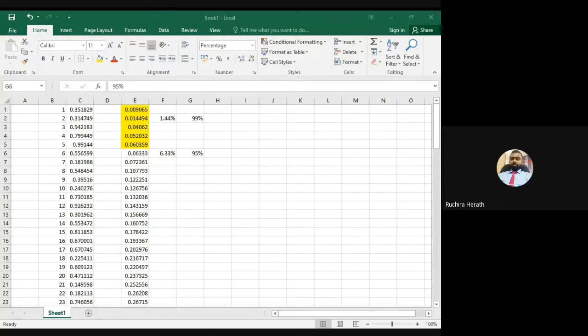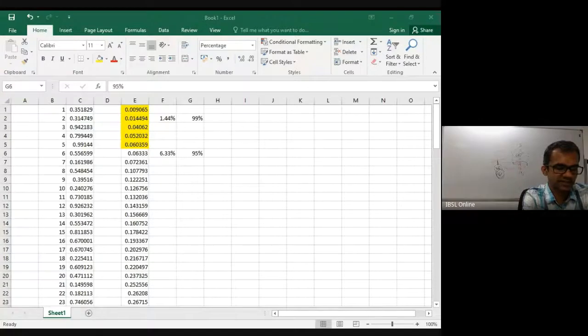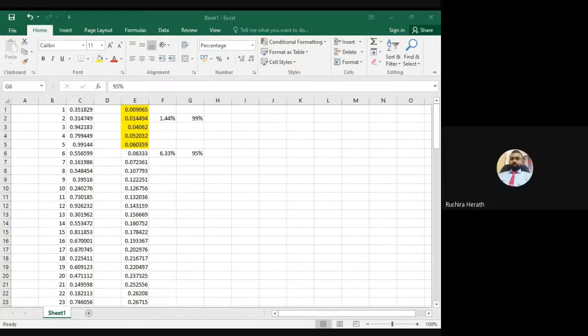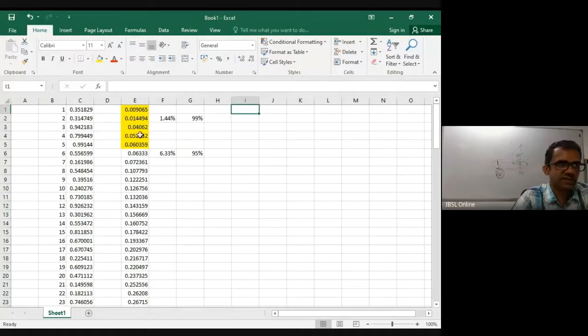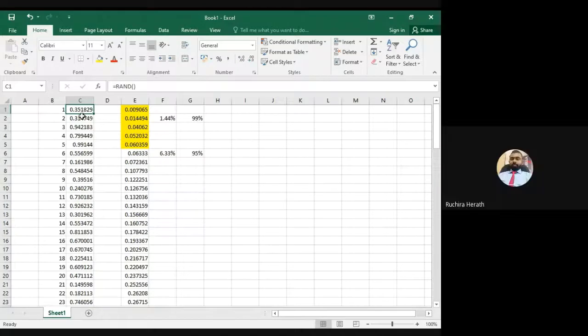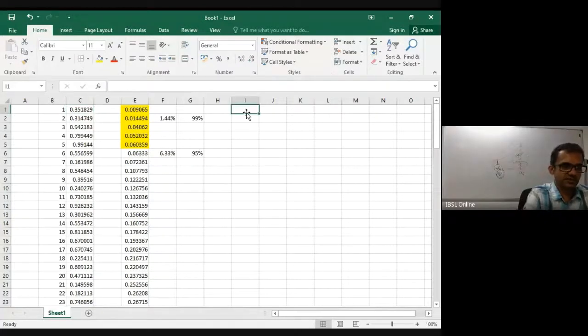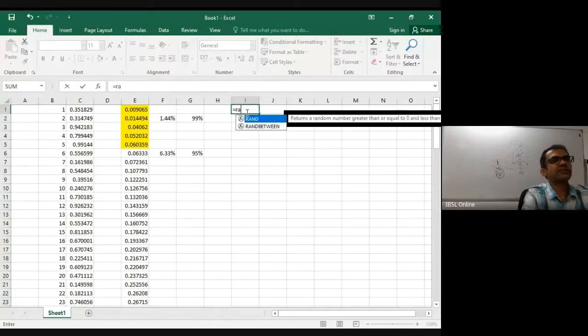How do we generate random numbers in Excel? Yes, just use RAND.